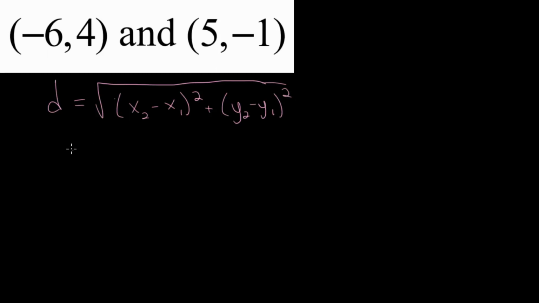And this is for two coordinate points, (x1, y1) and (x2, y2). So if we label which ones are x1 and x2 and which are y1 and y2, we just plug them into this formula and we can find the distance between the points.